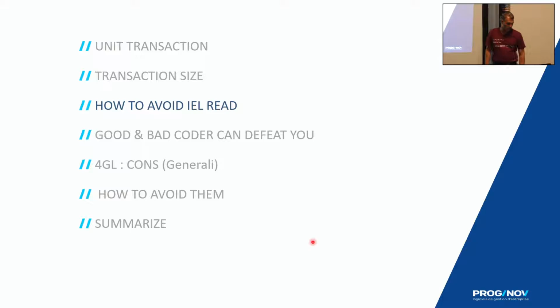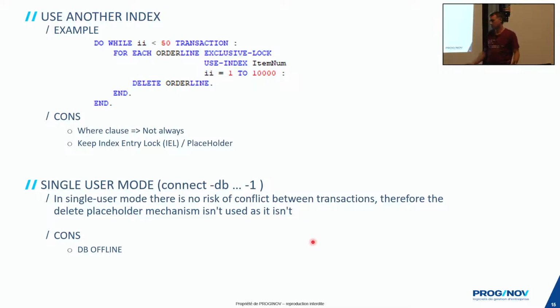So what can we do to avoid the index tree lock reads or placeholder reads? First thing, an easy thing, use another index. This is a simple way, but it's not a good way.